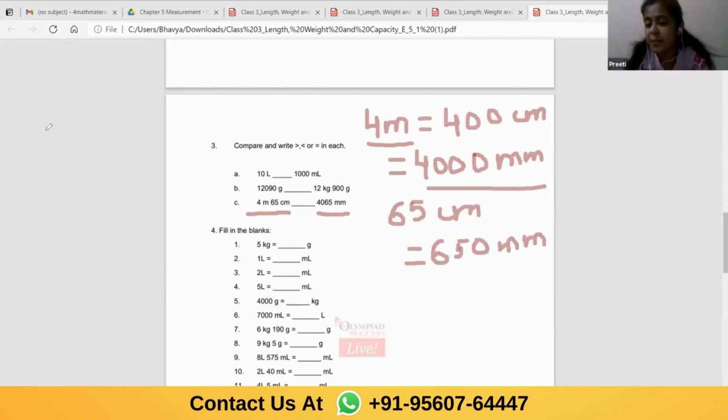Liters, meters, don't mix everything. Children, one very simple thing. 1 centimeter is equal to 10 millimeters. So whenever you have to change centimeter to millimeter, you will multiply by 10. I am sorry, you will multiply by 10.